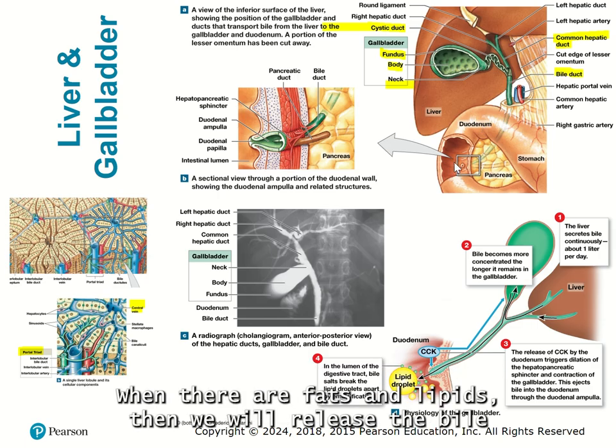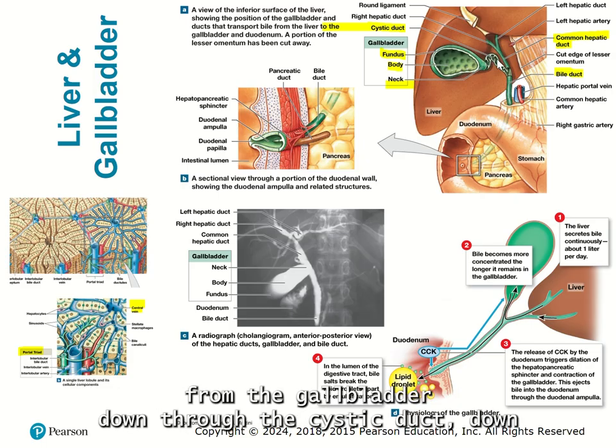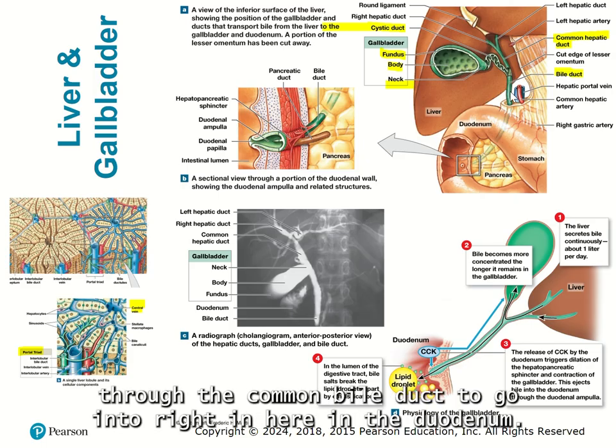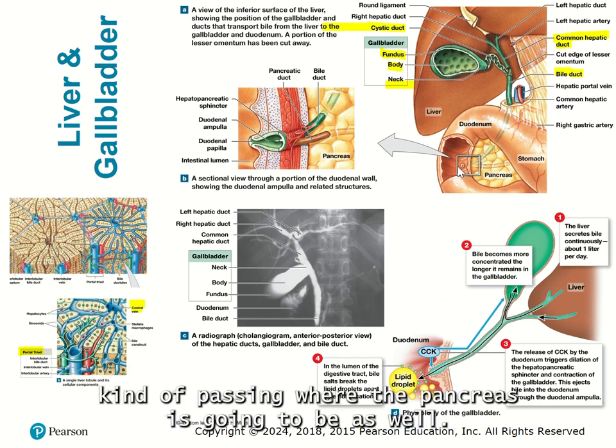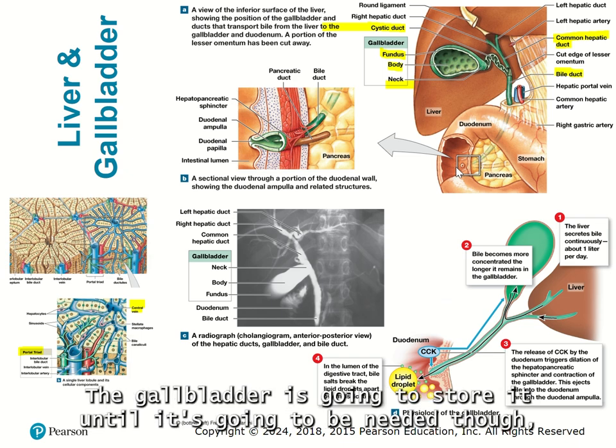When there are fats and lipids, then we will release the bile from the gallbladder down through the cystic duct, down through the common bile duct, to go into right in here in the duodenum. So you can see it going right down through, kind of passing where the pancreas is going to be as well. The gallbladder is going to store it until it's going to be needed, though.